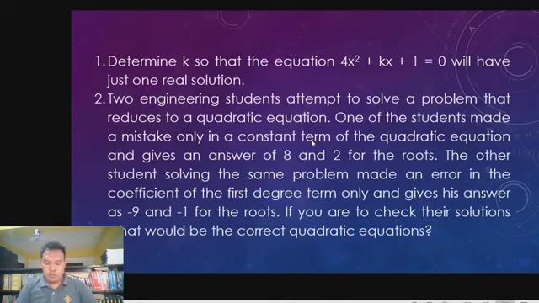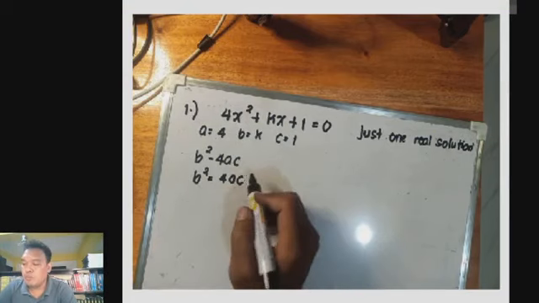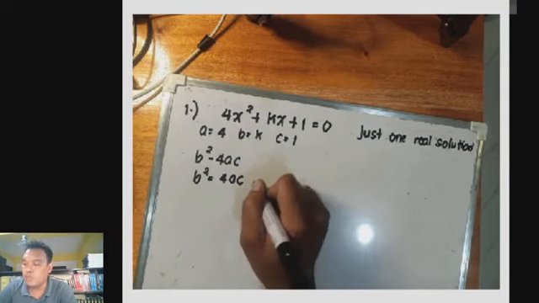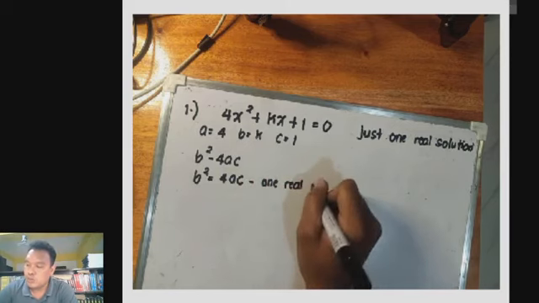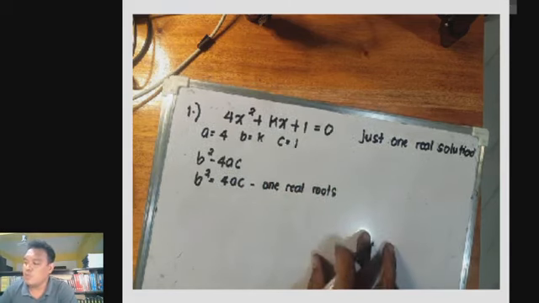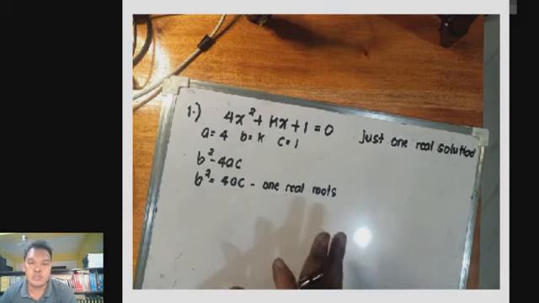Okay, balik tayo sa problem. Okay. So, first, pinapahanap po yung value ng k. Dapat daw, masatisfy natin to. So, pag b squared is equivalent kay 4ac, we have 1 real root dito. Ibig sabihin, or 1 real solution doon. Kumbaga, isa lang yung roots, no?